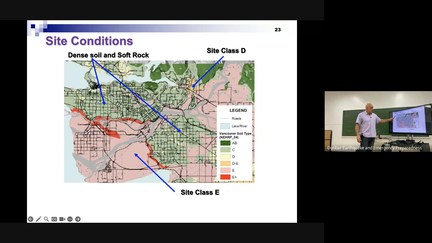We can generate a map that tells us the areas, for example, where we have pretty good soil, A and B, that will be in the North Shore here, right? And you see the pockets where we have good soils, and then we can go to the soil class E, which is the softer soil, okay? And then we have obviously the Richmond area, but you see not all the Richmond area is that bad, okay? But the airport is in class E soil, and that's not good because it's a soft soil, okay?